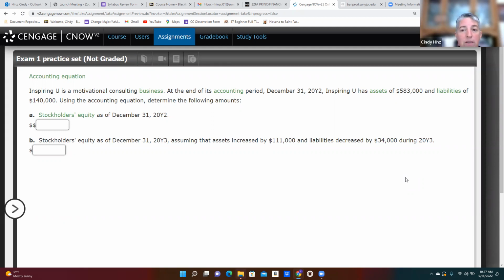Our last exercise, as we're getting up to the time here, is related to the accounting equation. We learned in chapter 1 the fundamental accounting equation that is really the underpinning of everything else that we do. And so here's our fundamental accounting equation.